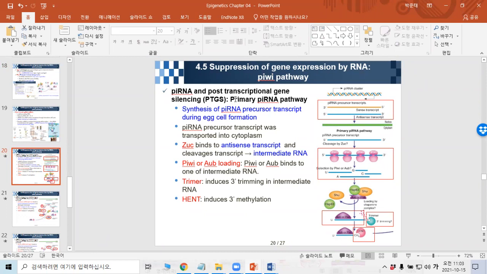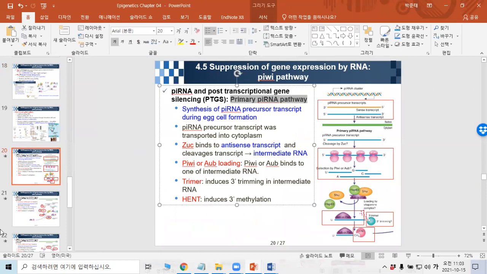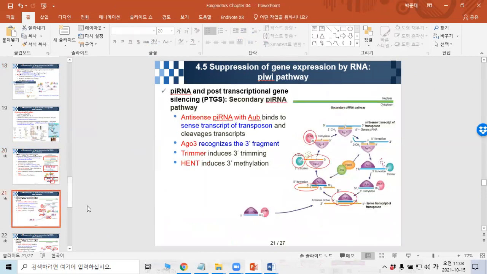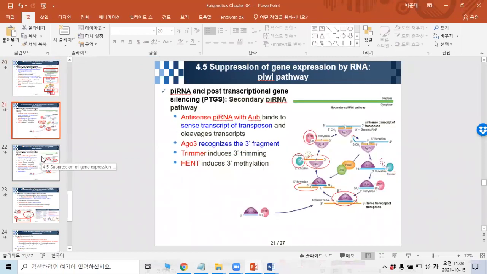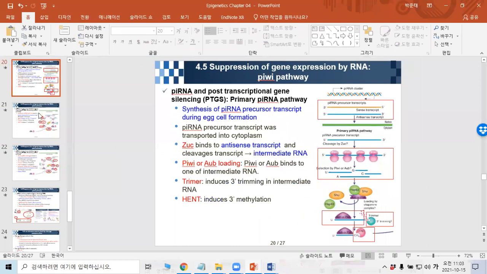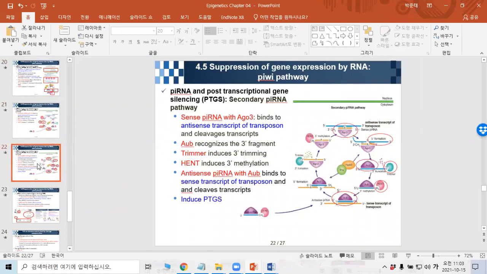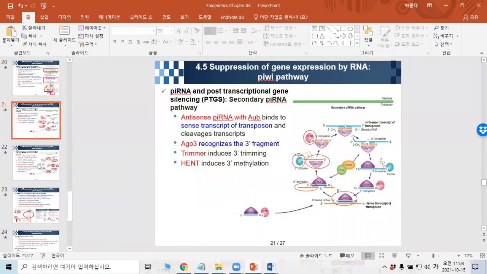They are composed of the primary piRNA pathway and secondary piRNA pathway. So this you have to understand. You don't have to memorize all the steps, but I will give you some pictures in the question, and you have to explain the procedure.